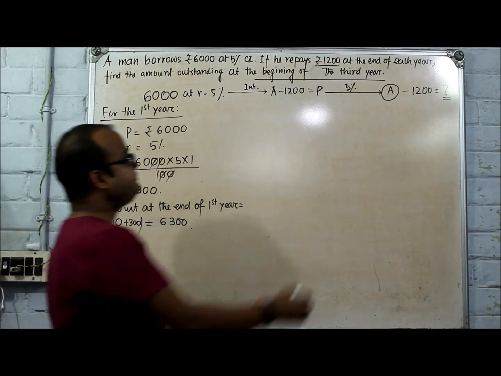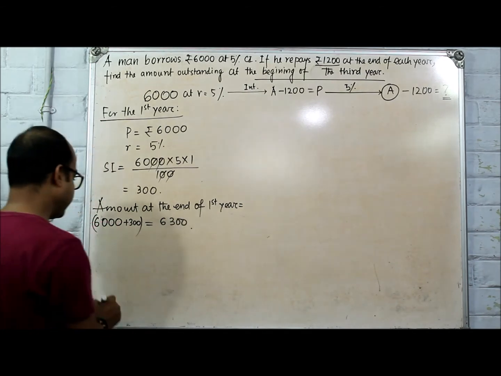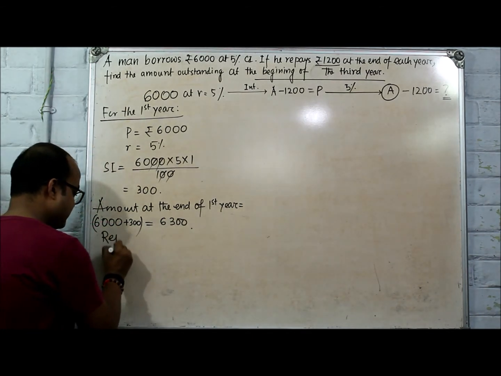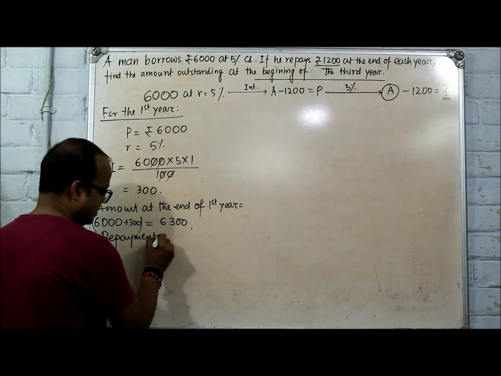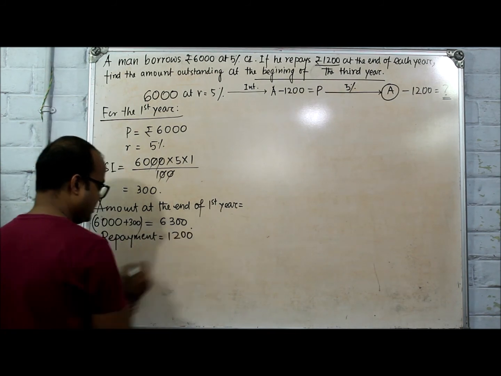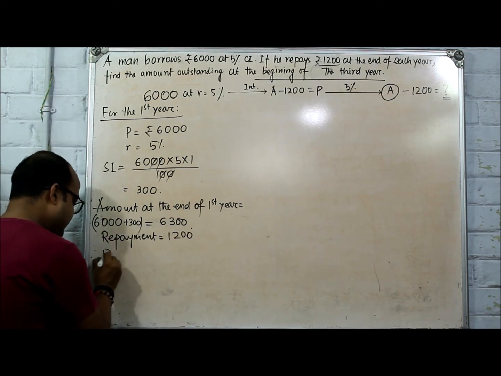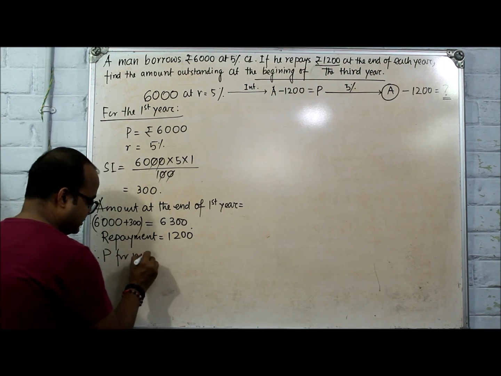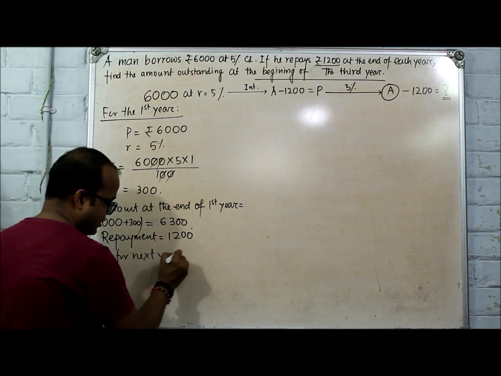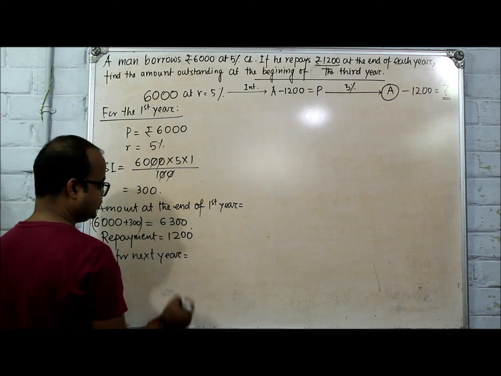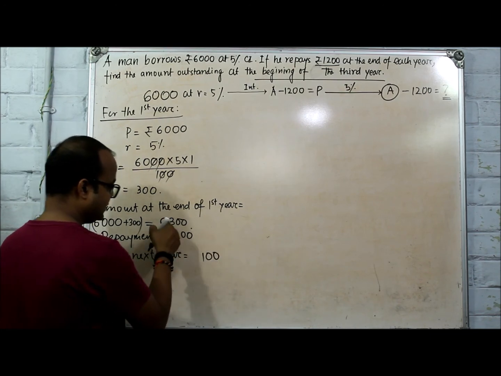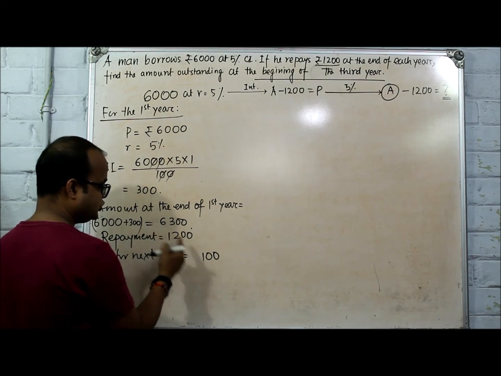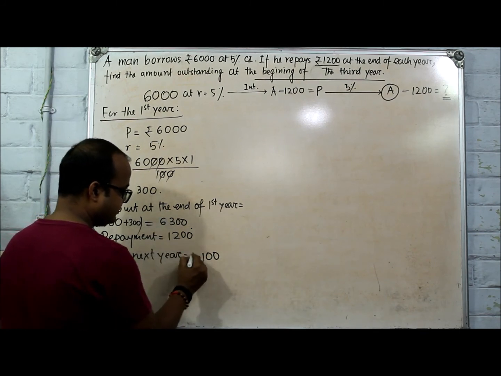Repayment, he repays 1200, so we need to subtract the repayment of 1200. So P for next year. If you subtract these two, 3 minus 2 is 1, 6 minus 1 is 5.